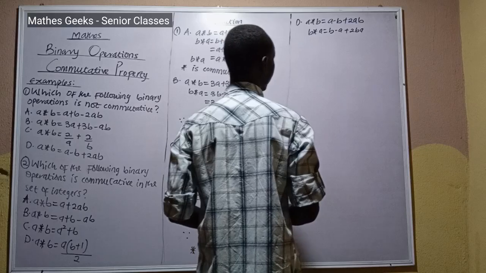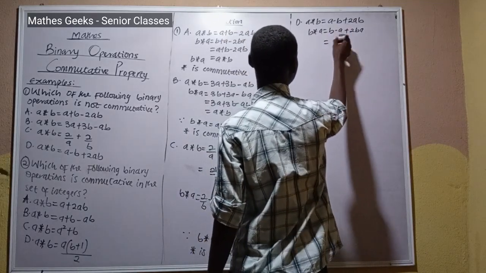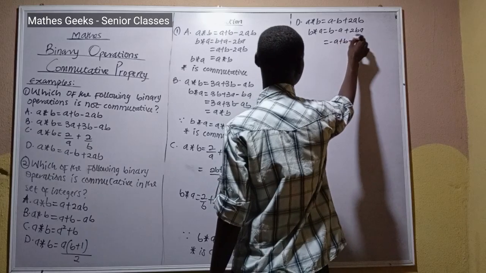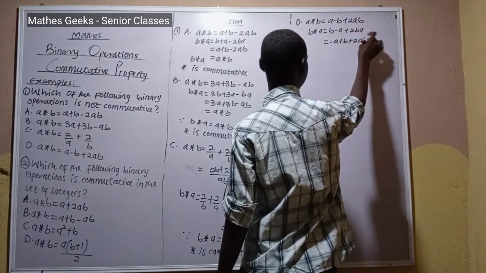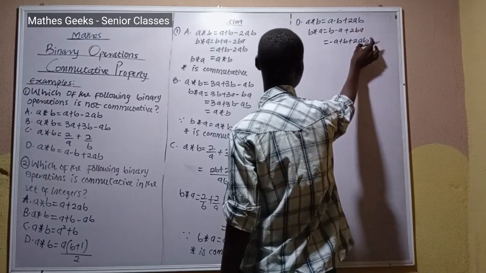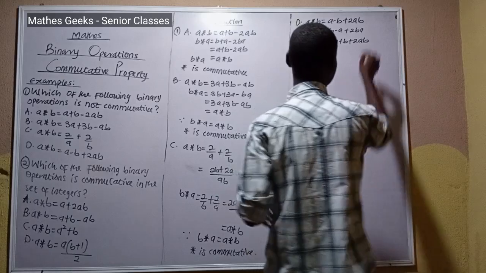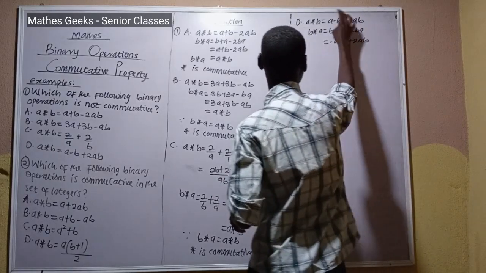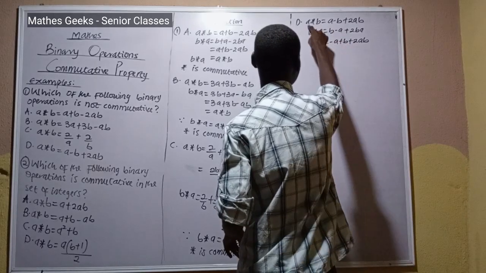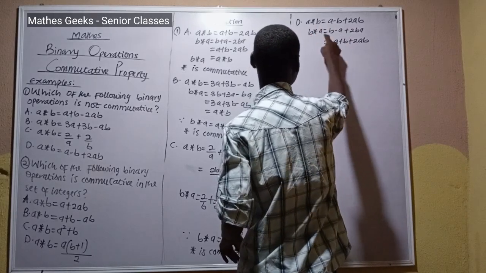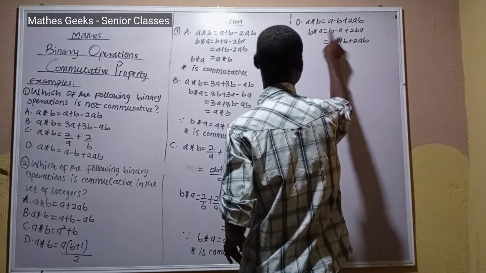Alphabetically, if you arrange it, that is minus a plus b plus 2ab, where this part is the same because multiplication is commutative, so these two parts are commutative, but subtraction is not commutative. Why? In a star b, b is negative, and in b star a, b is positive.